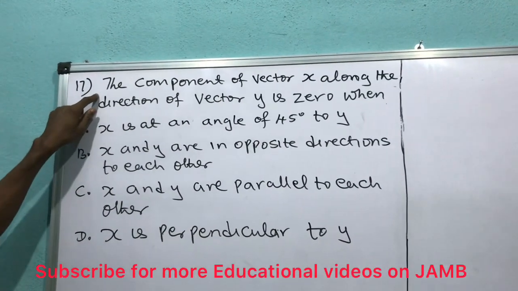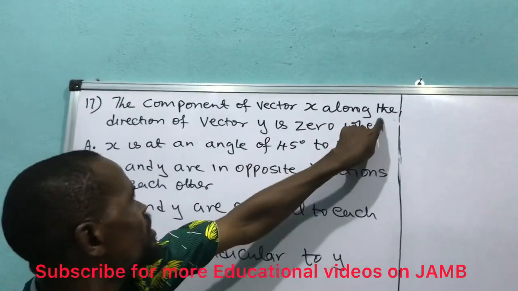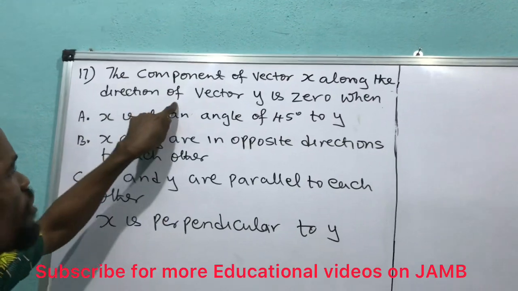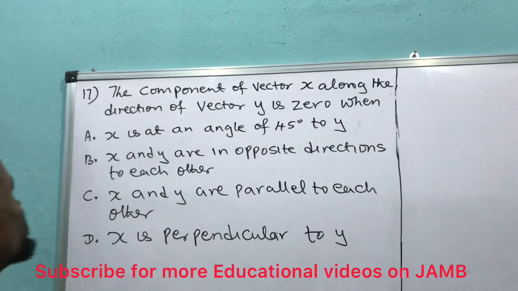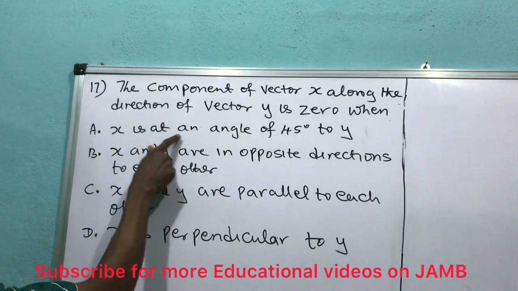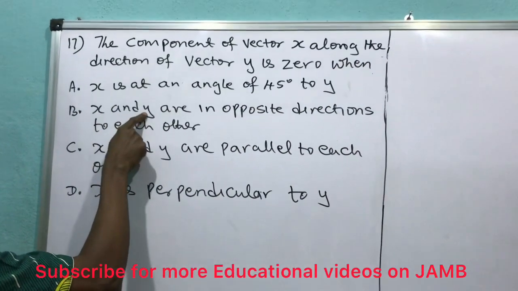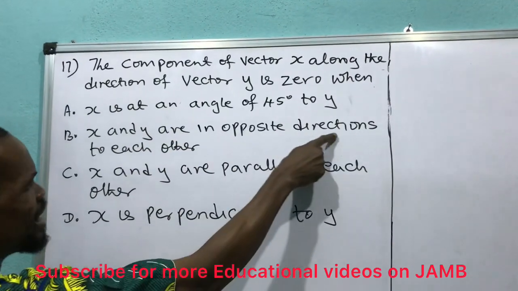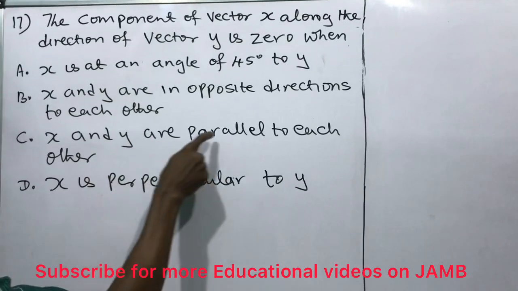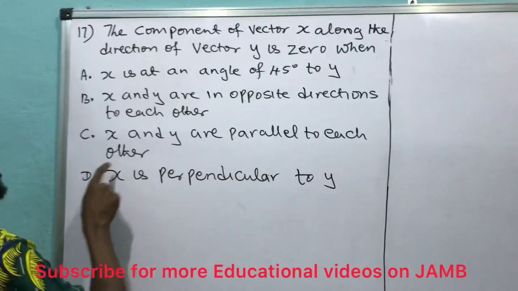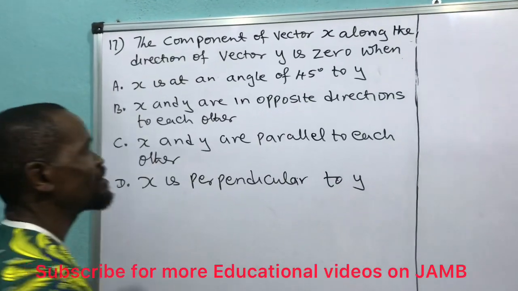Question number 17 says the component of vector x along the direction of vector y is 0 when x is at an angle of 45 to y, x and y are in opposite directions to each other, x and y are parallel to each other, or x is perpendicular to y.